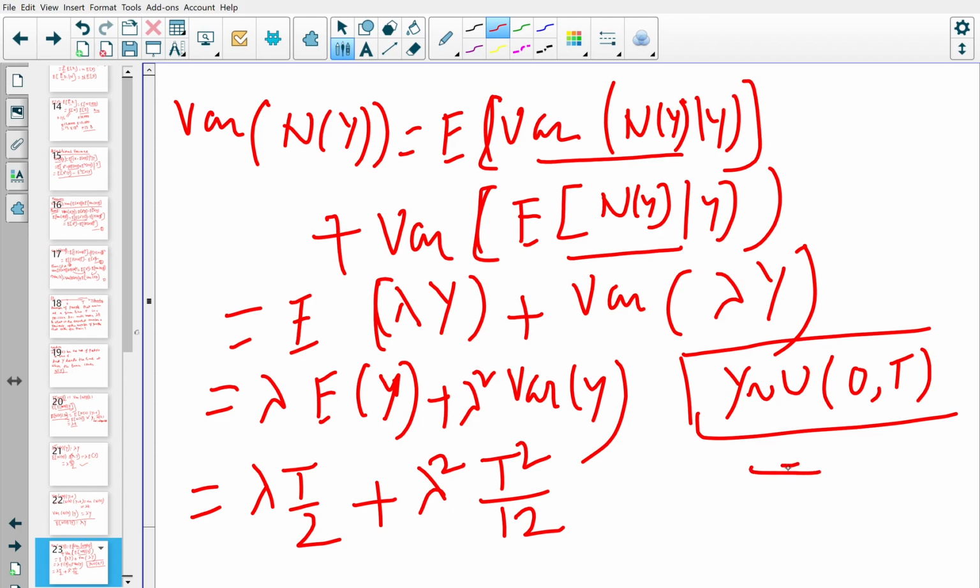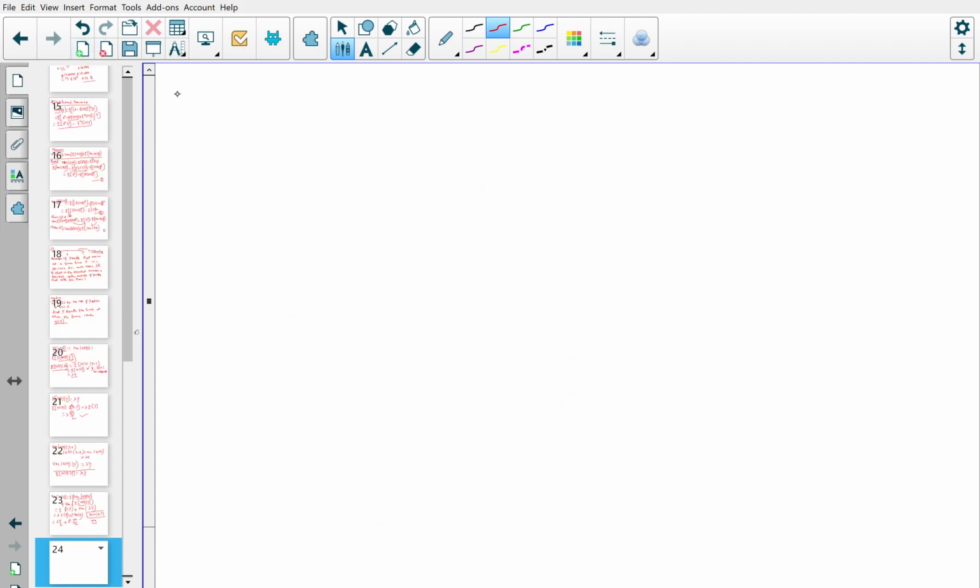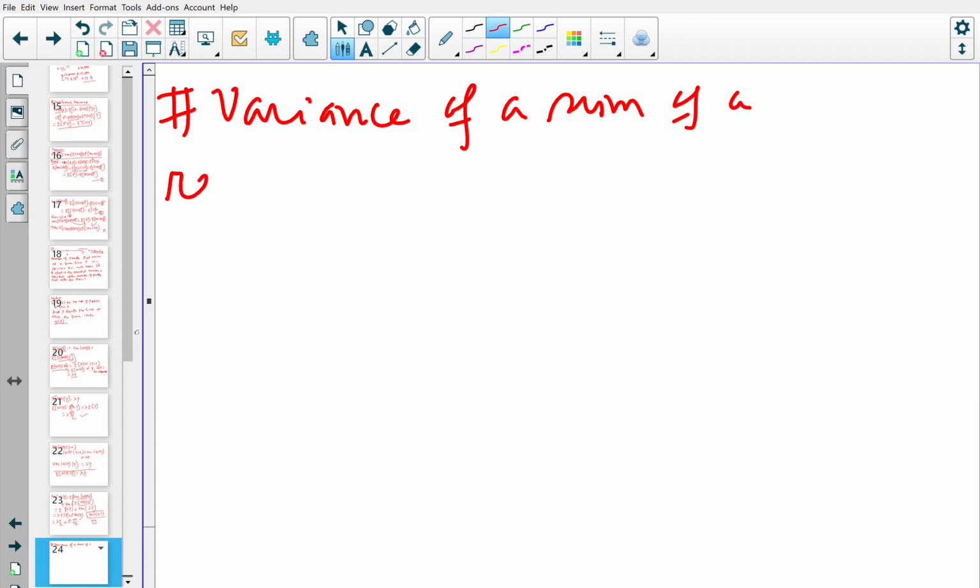Clear? Okay, so maybe you can stop here, but just one more idea we want to discuss, and then we'll stop. The idea is similar to the expectation of a random number of random variables: we can ask for the variance of a sum. So what is the variance of a sum of a random number of random variables?